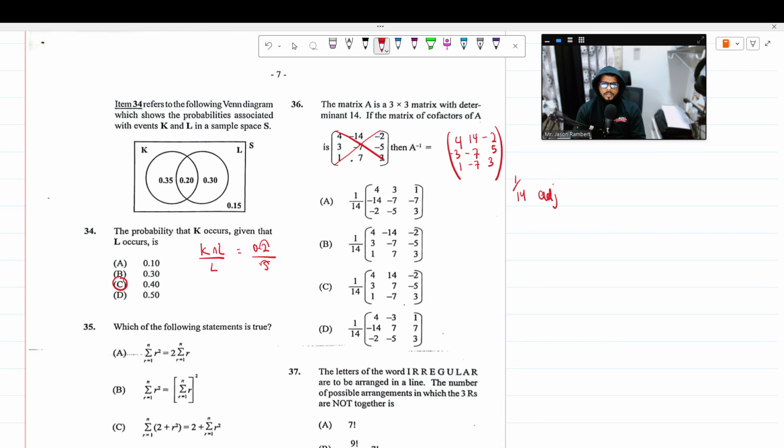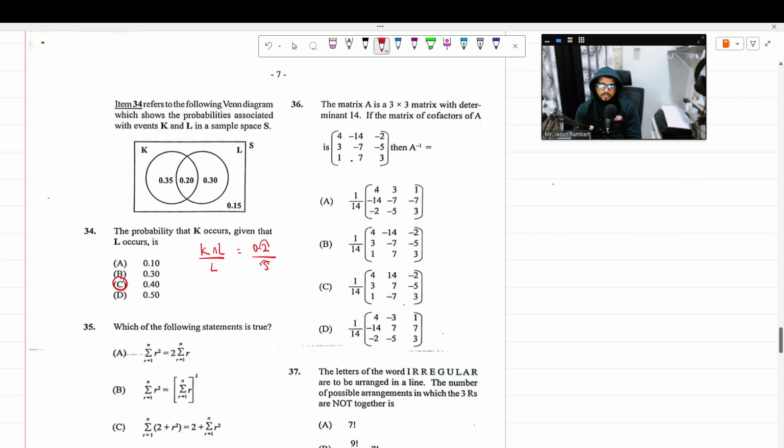Let's check and see what the transpose of this matrix is. 4, 14 minus 2. None of them will conform to 4, 14 minus 2. What about minus 3, minus 7, and 5? Yeah. Minus 3, minus 7, and 5. None of them conform to it. So I'm going to say none of these answers are correct.